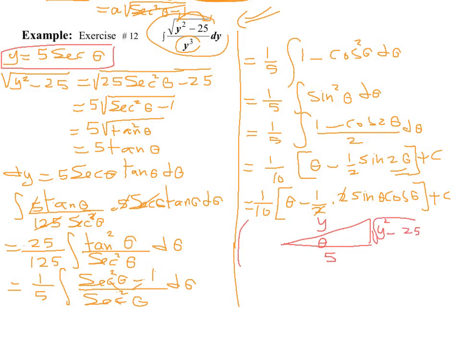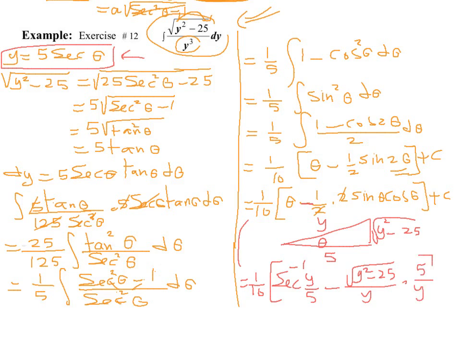So this answer can be written as 1 divided by 10 theta, from this substitution, is secant inverse y divided by 5, minus, which is this, sine theta opposite by hypotenuse, cosine theta adjacent by hypotenuse, plus constant.